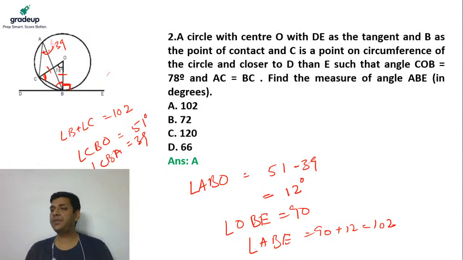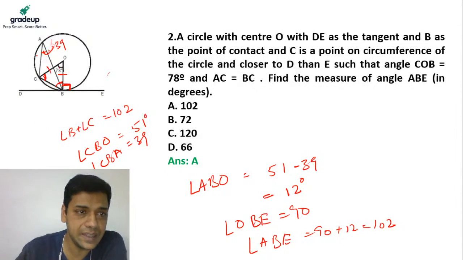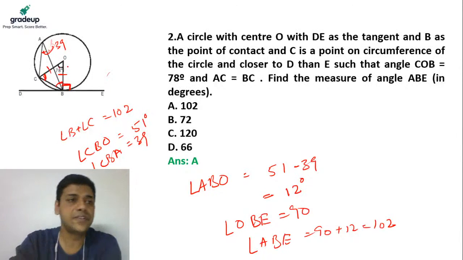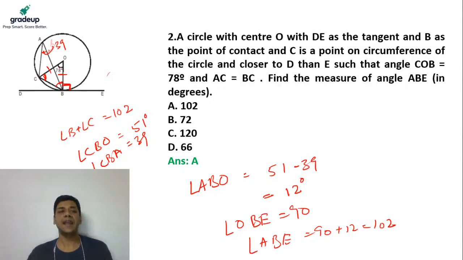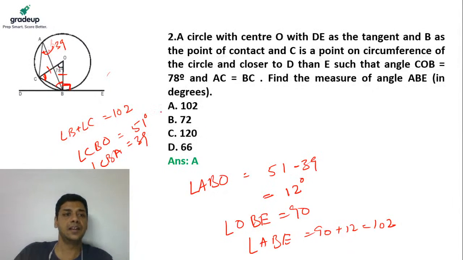CAB will be 39. Harish, CAB will be 39 because COB is 78. If COB is 78, the angle subtended at the circumference is always half the angle subtended at the center. Now, BC is a chord which subtends a 78 degree angle at the center, so it will obviously subtend 39 degrees at the circumference.